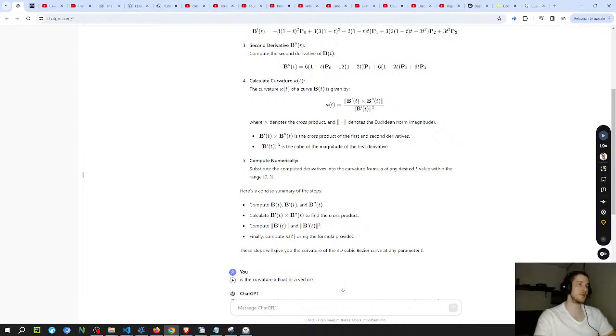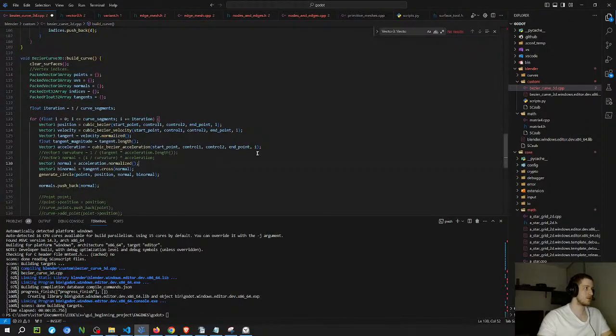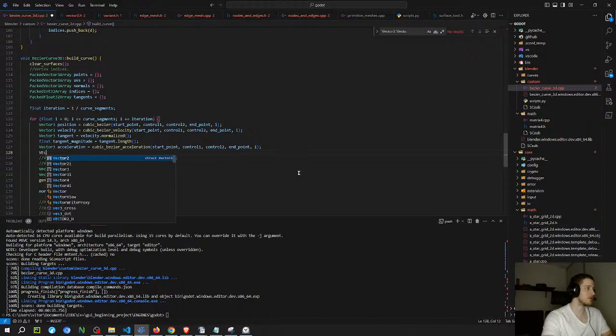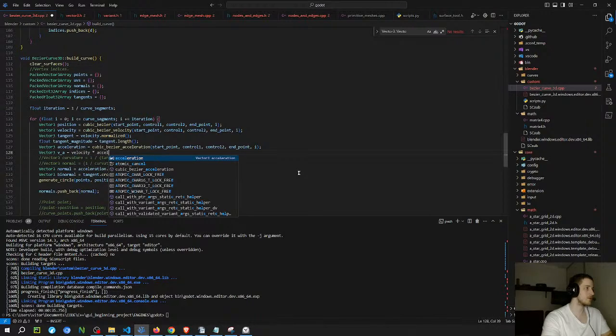So in my case it would be the velocity times the acceleration divided by the velocity to the power of 3. Is the magnitude. So how do I get the magnitude? So maybe I'll put vector 3 VA equals velocity times acceleration.